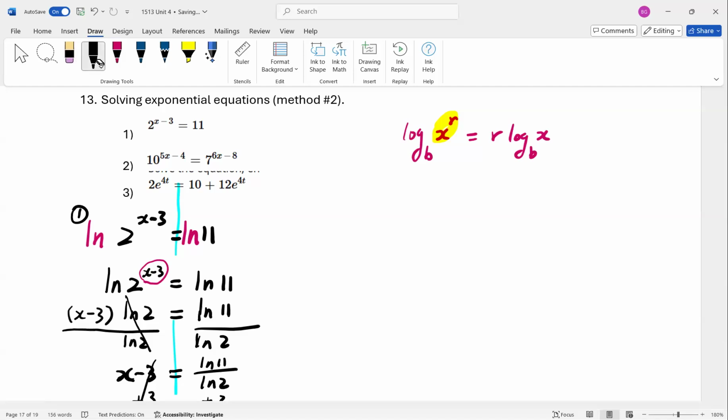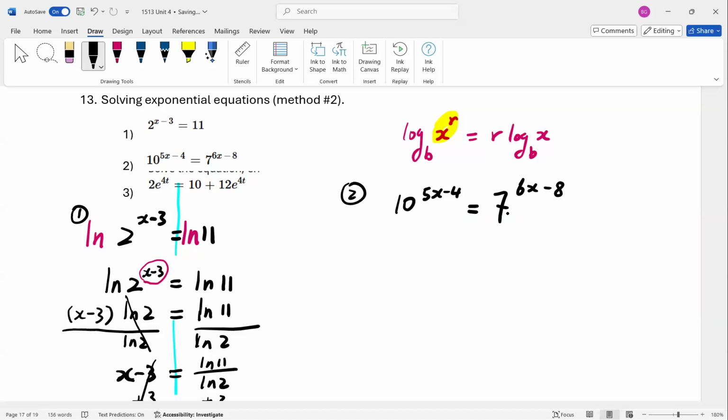Second question, number 2. 10 to the power of 5x minus 4 equals 7 to the power of 6x minus 8. Exponent is 6x minus 8.